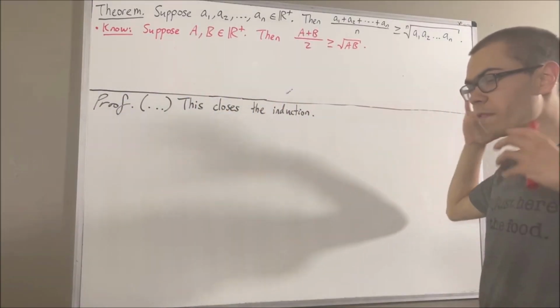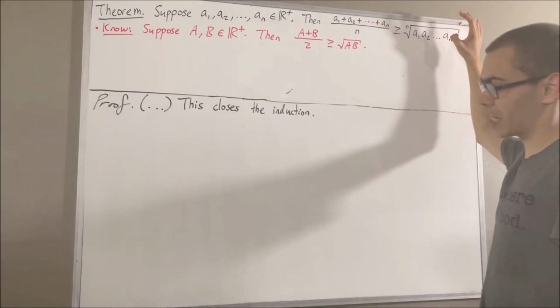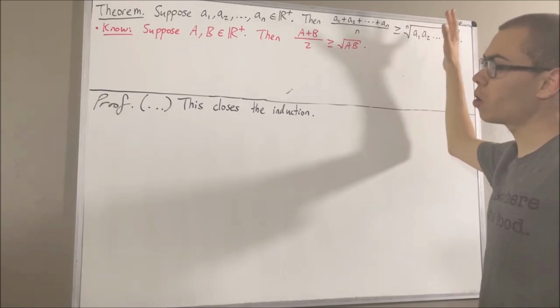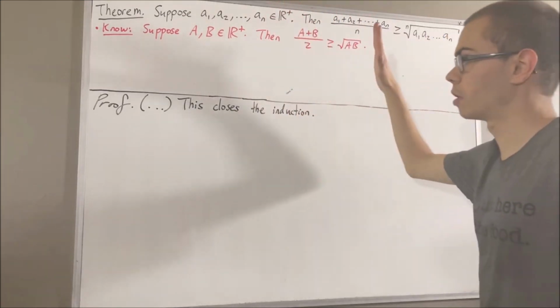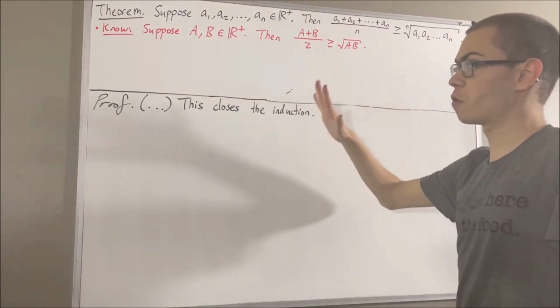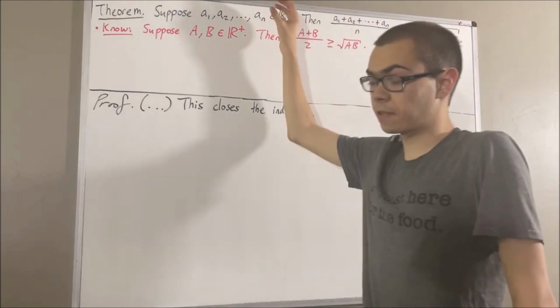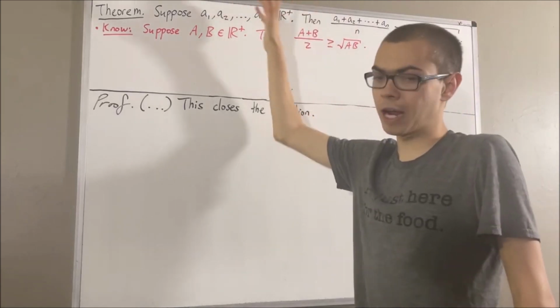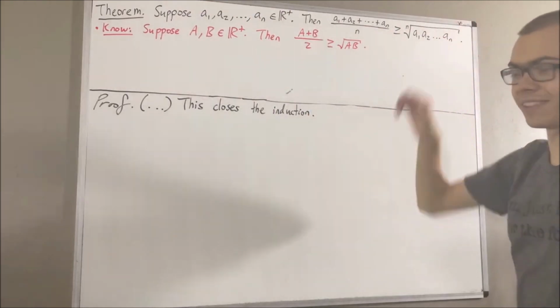And what we have just proven by mathematical induction is that the AMGM inequality holds for all lists of positive real numbers whose length is a power of 2. In other words, we have shown for all positive integers n, we have for all lists of positive real numbers of length 2 to the power of n, the AMGM inequality holds for that list.